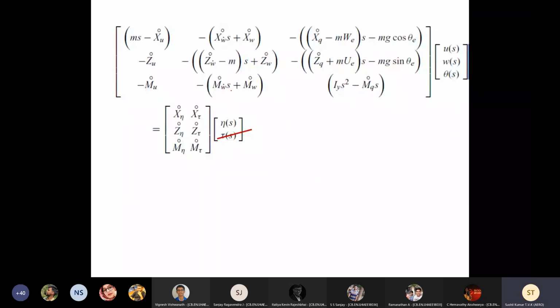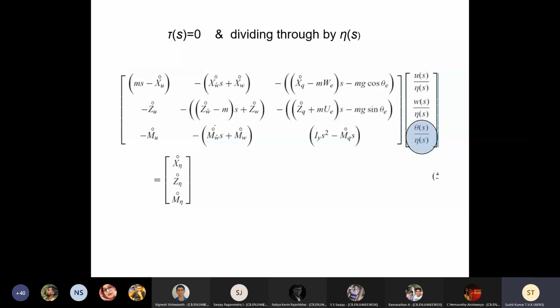We can even assume that throttle is constant, just for simplicity, keeping it as just one single input. Okay. So you take tau of s equal to 0, and divide this whole thing by eta of s. So you'll end up with these theta, all these transfer functions; this column is going to give you this transfer function.